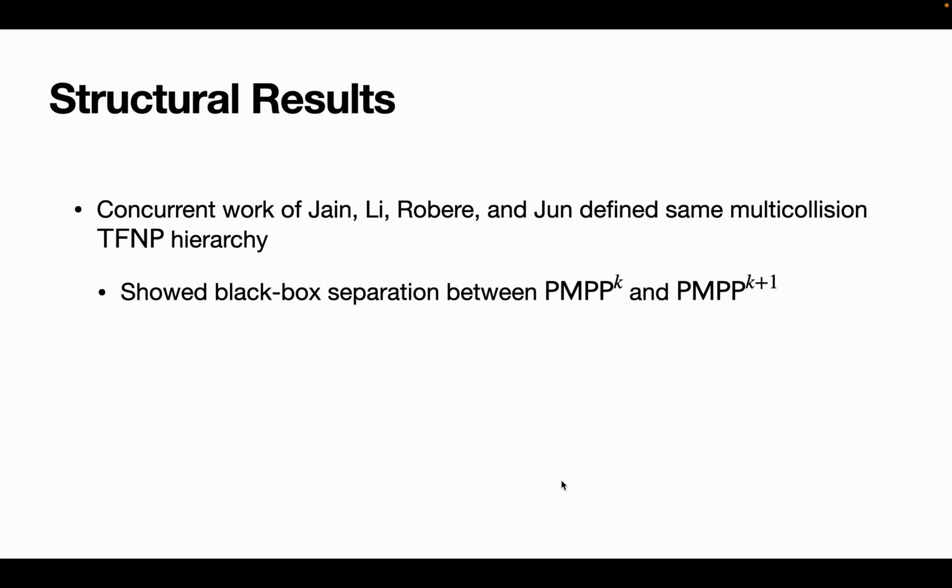We should note at this point that concurrent work of Jane, Lee, Robera, and June defined the exact same multi-collision TFNP hierarchy that we have defined. And they showed a full black box separation, essentially, between PMPPK and PMPPK plus 1, which shows that there is no black box reduction that lets you find a k plus 1-wise collision in a compressing function from finding a k-wise collision in a compressing function.